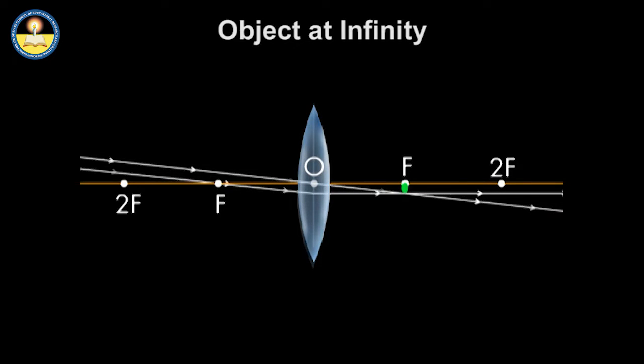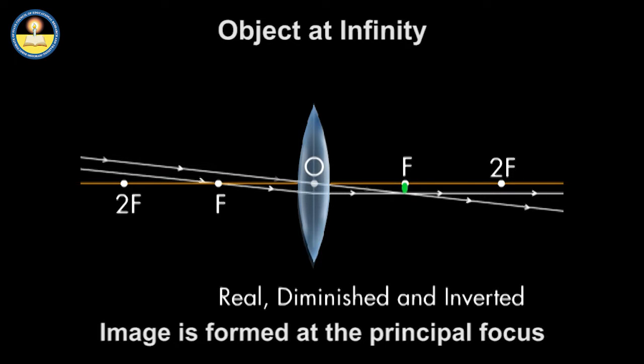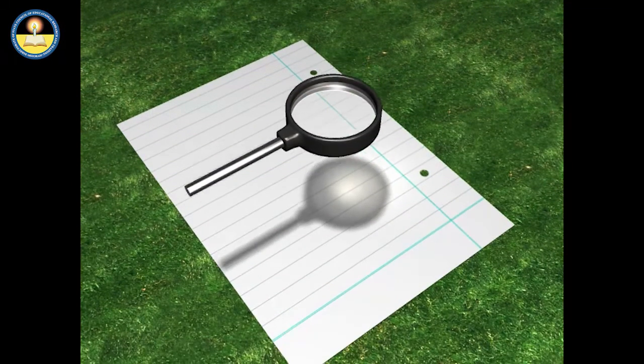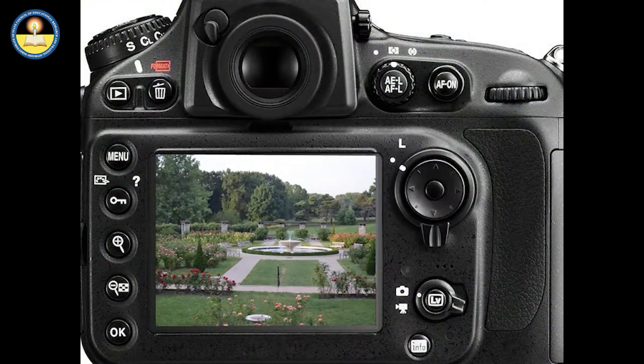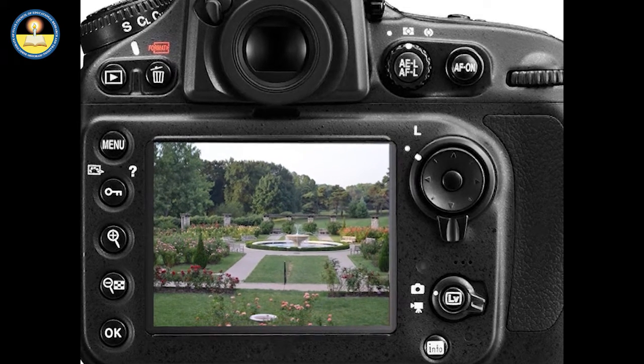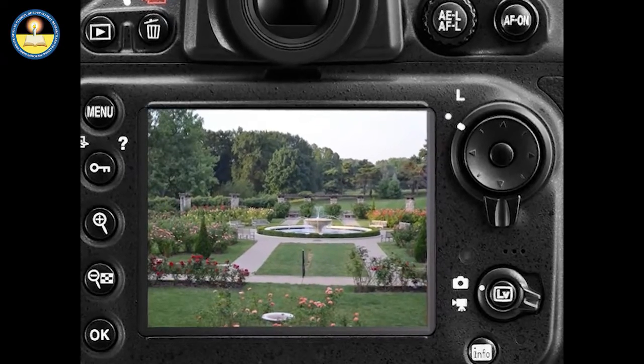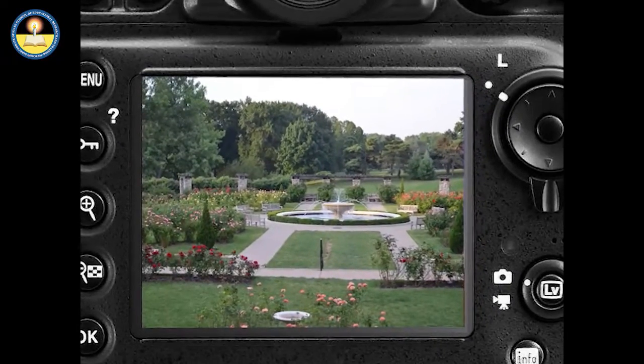Therefore, a real, inverted and diminished image is obtained at the second focus. This is the case when the lens is used as a burning glass, and in a camera when the object lies very far from the lens and the image is formed at the film, which is at the second focus of the camera lens.